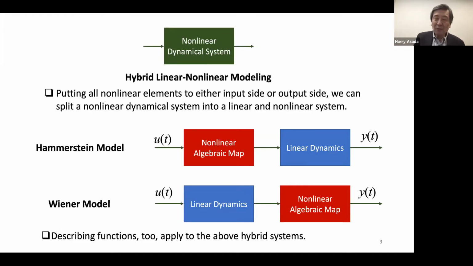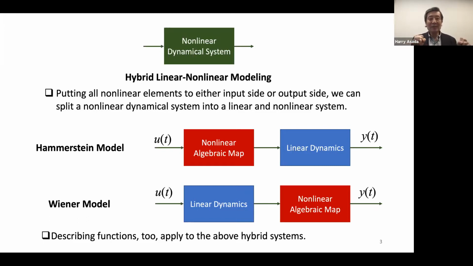Perhaps some of you who are more familiar with nonlinear control may think about the so-called describing functions. They are a particular way of dealing with nonlinear functions in a linear way.